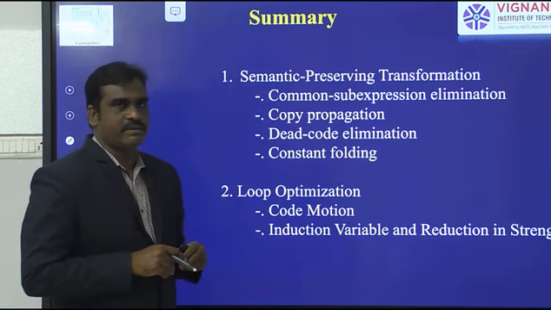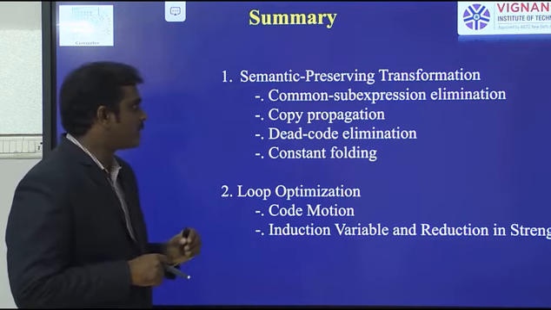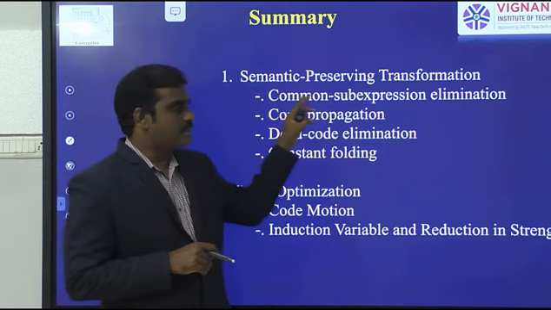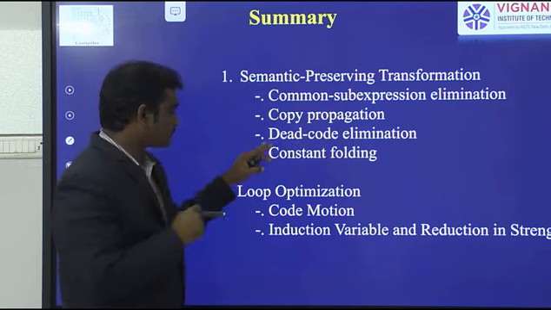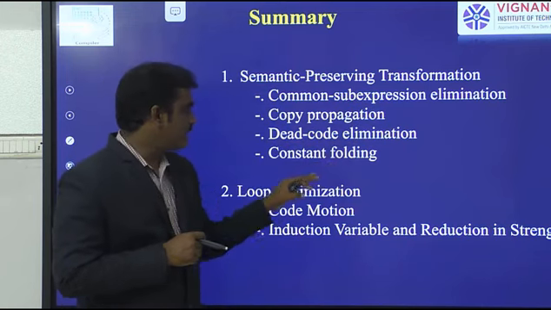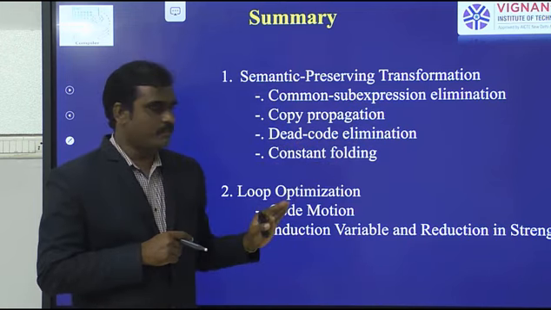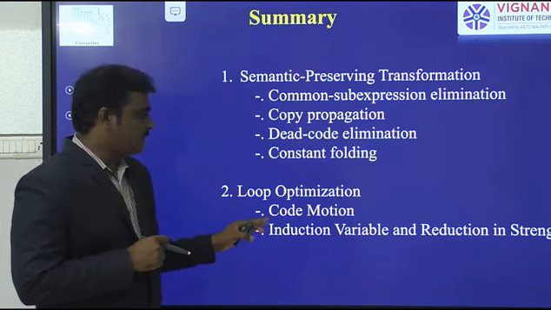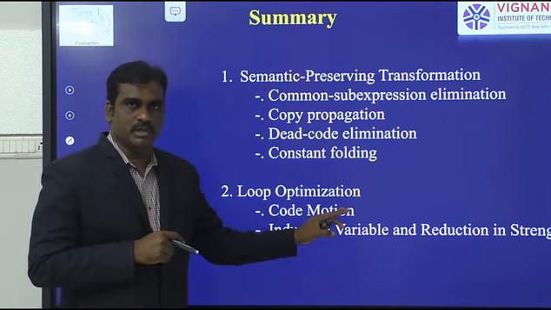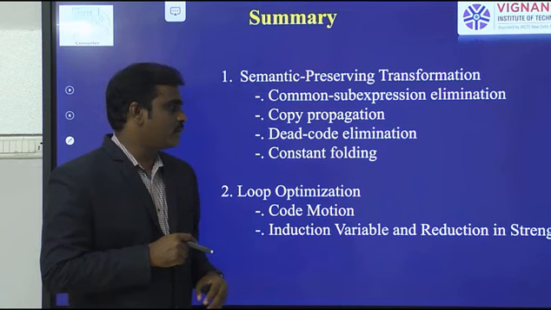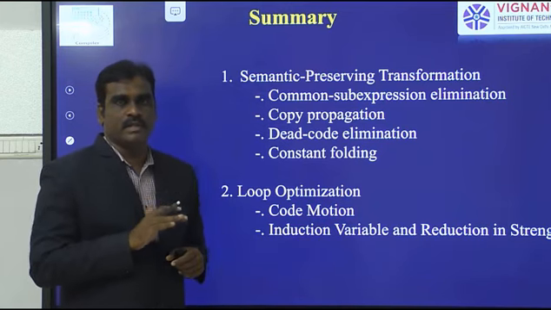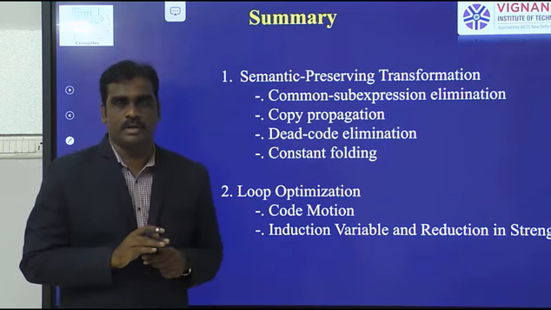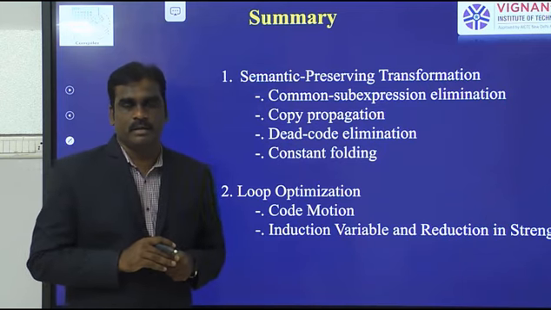In semantic preserving transformation, we mainly concentrated on common sub-expression elimination, copy propagation, dead code elimination, and constant folding. Loop optimization means we discussed code motion, and then induction variable and reduction in strength. From an examination point of view, in this unit, this is a very important topic. Okay, thank you all.